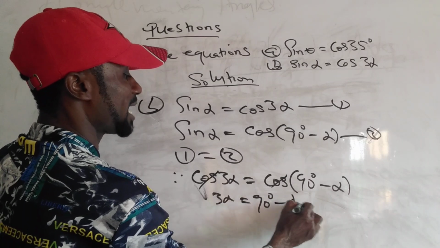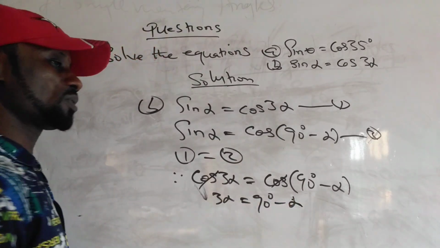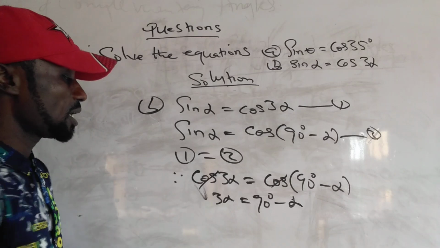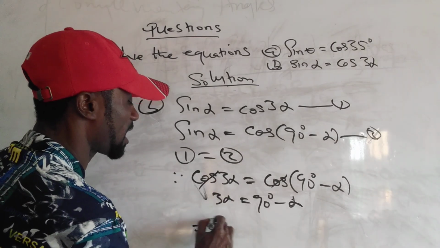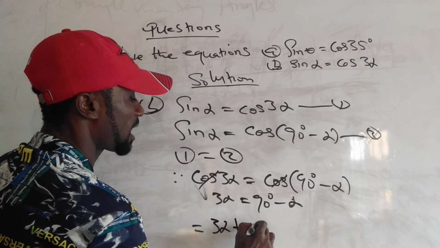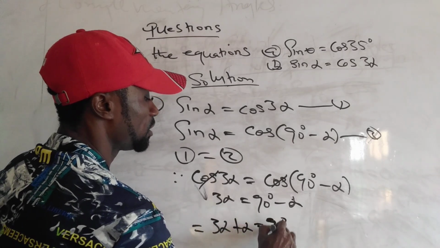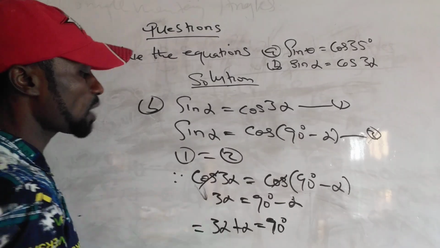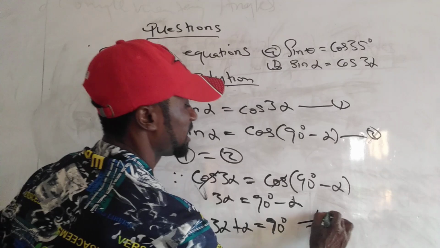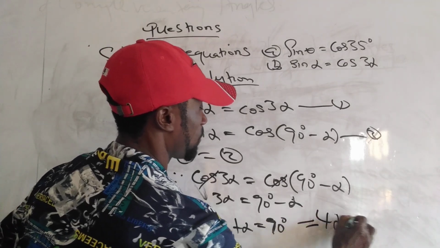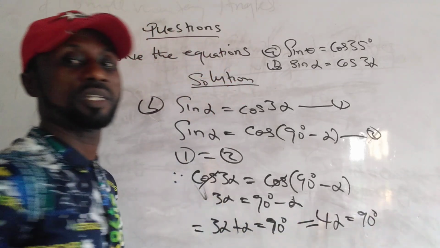At this point, you are looking for alpha. So try to make alpha the subject of the equation. By so doing, you add alpha to both sides. If you do that, you have 3 alpha plus alpha is equal to 90 degrees. Now 3 alpha plus alpha gives us 4 alpha, which is equal to 90 degrees.